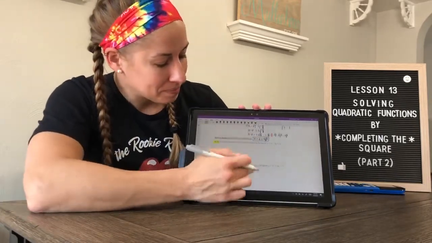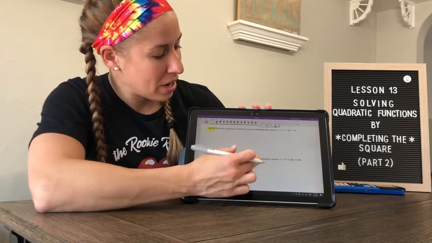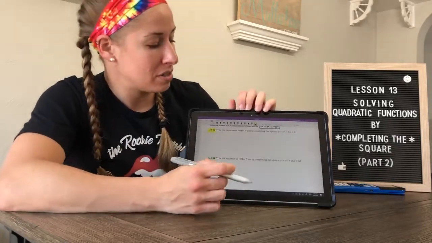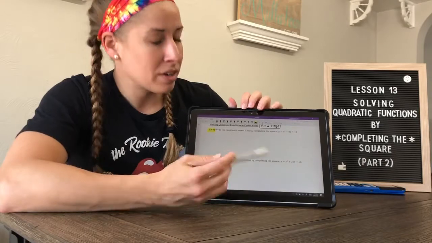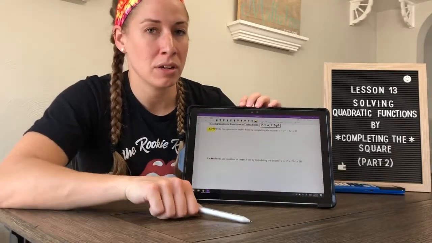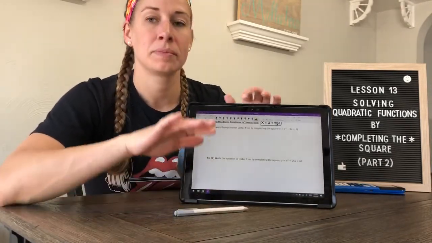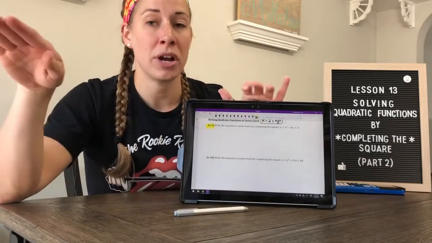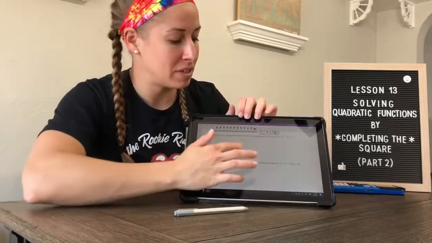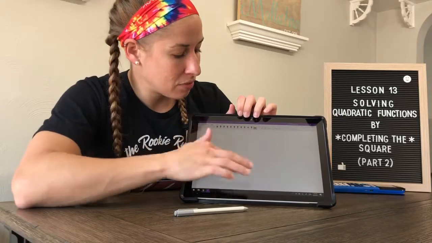All right, number 9, I do want you to try on your own, but I'm going to do number 10 with you first. This is just writing a quadratic function from one form to another. We did that before when we factored. Okay, so if I gave you a trinomial and I said to factor it, you're going from standard form to vertex form.